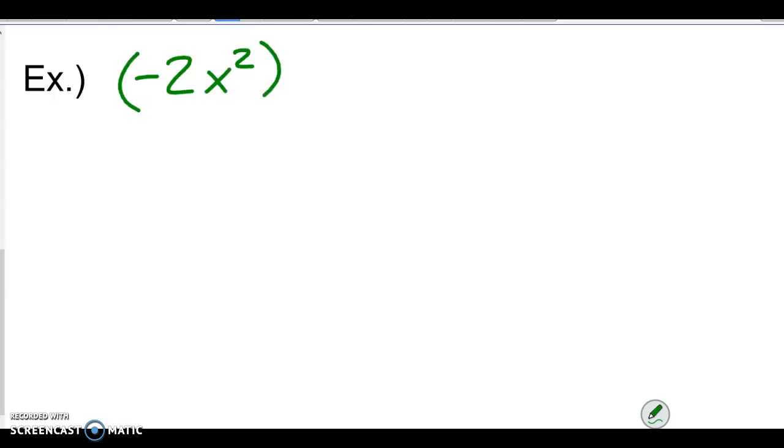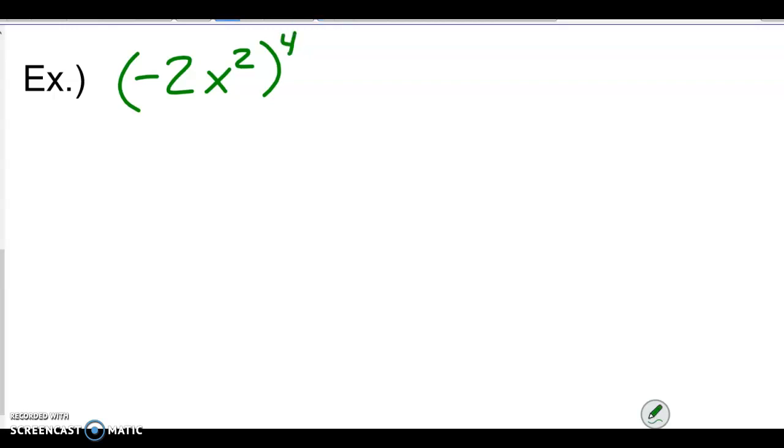You can see another one of those for a second. So if I go ahead and I see negative 2x squared all to the 2nd power. Actually, let's do the 4th power.